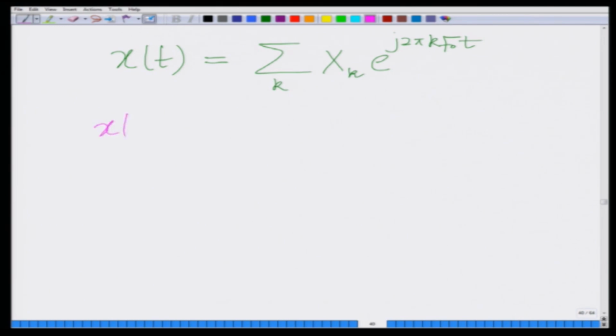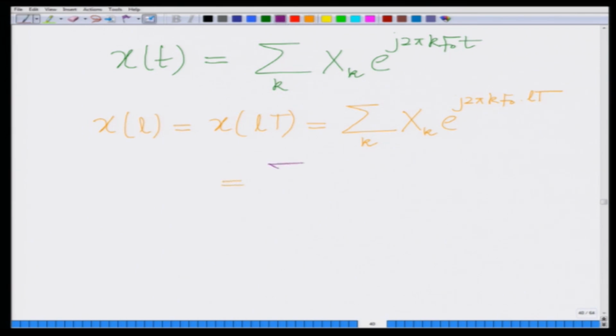The Lth sample is x L equals x of L T, which is summation over k of x k e to the power of j 2 pi k f naught, where instead of t, I substitute L times capital T, the time for the Lth sample.